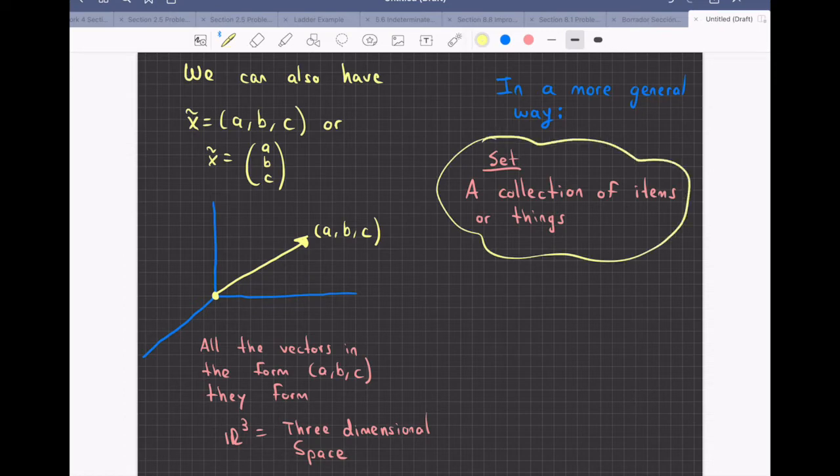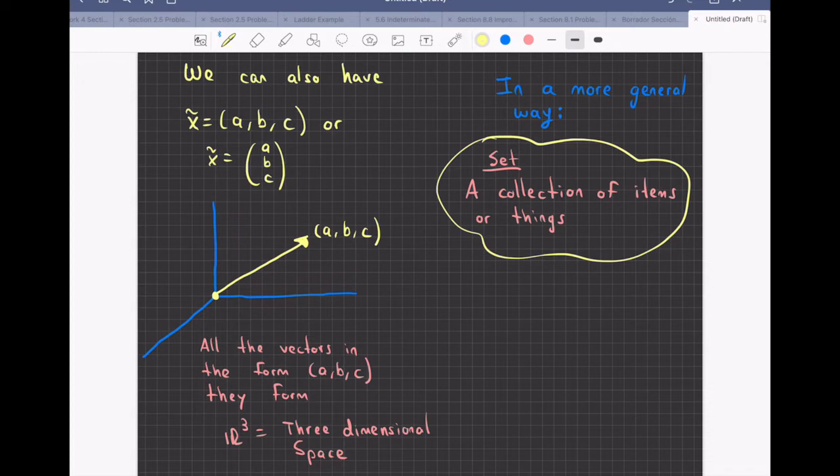Here in this class, we're going to be working a lot with sets. So it's important that you remember some properties. When I need some properties, I will let you know. But essentially, a set is a collection of items, a collection of things, a collection of anything. That is a set. All right.